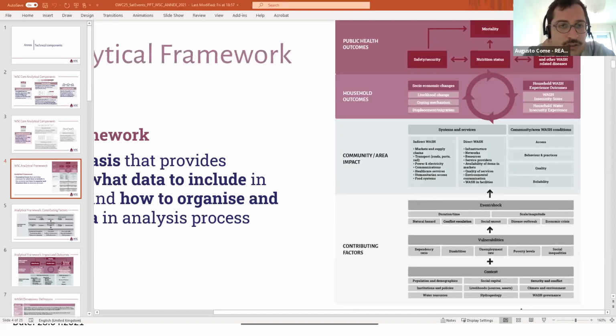For instance, in certain countries, the standard 20 liters per person per day as a key threshold has been adapted because it didn't match the reality, right? But it has been adjusted in an official way, meaning by all the partners of the clusters agreeing on adjusting those standards to the context.